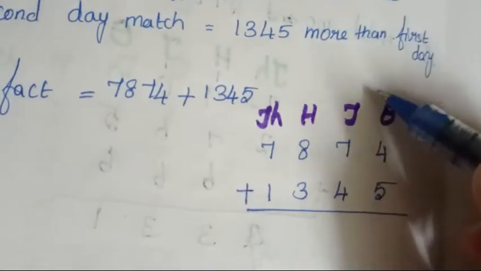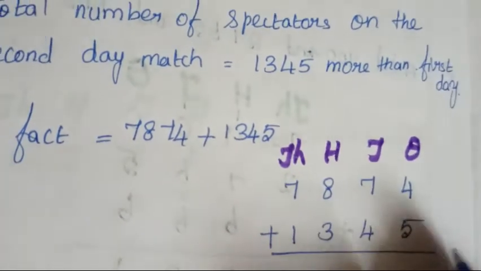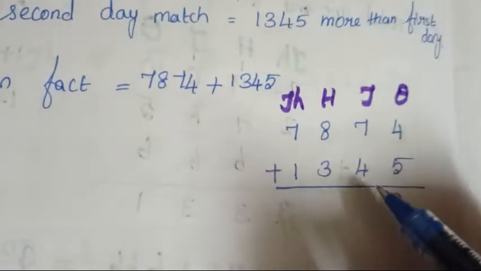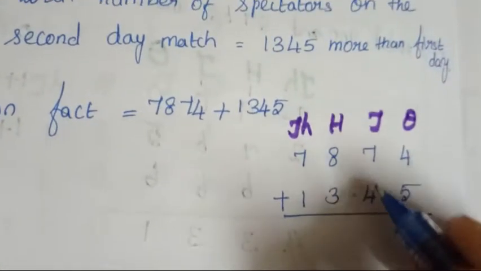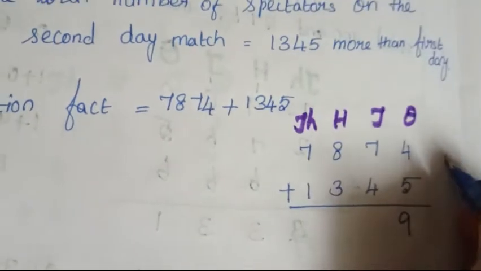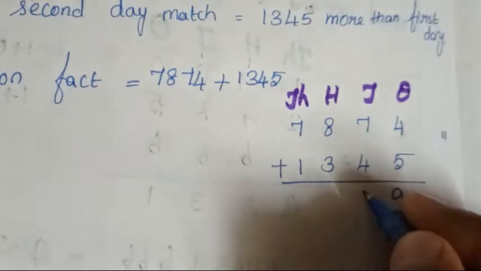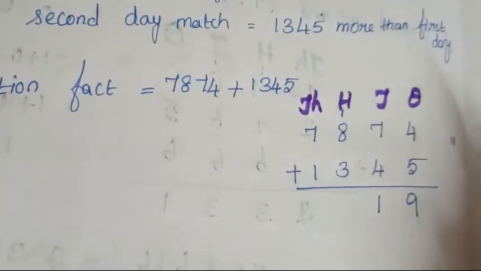First you have to add the values in the ones place. That is 5 plus 4 gives us 9. Next you have to add the values in the tens place. That is 7 plus 4, that gives us 11. So you have to write 1 in the tens place and carry over this 1 to the hundreds place.